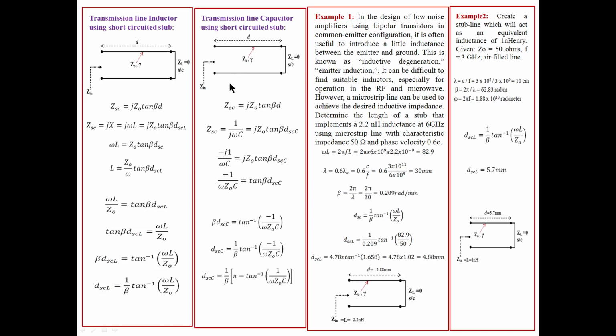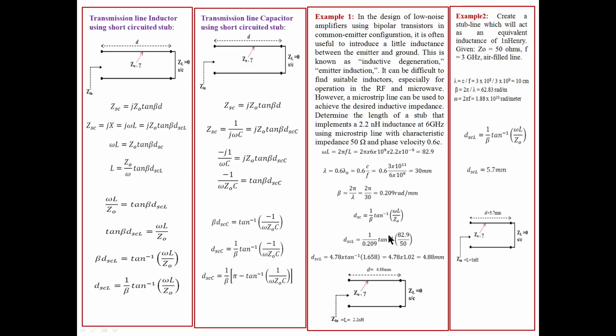The length decides the value of inductor and capacitor. So we have to find out what value of length gives the required value of C, and similarly what value of this length gives the required value of inductor. So we will see how to find that. In the earlier class we studied this also, how we calculated using equations.